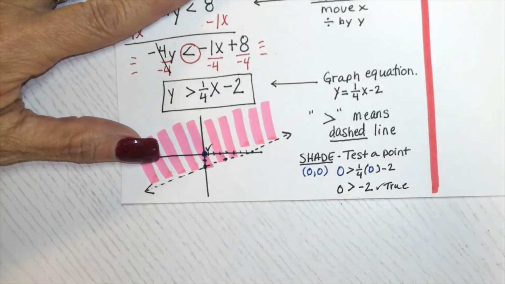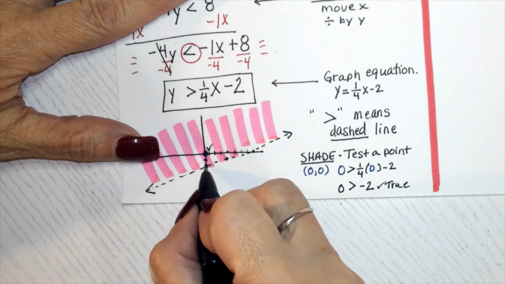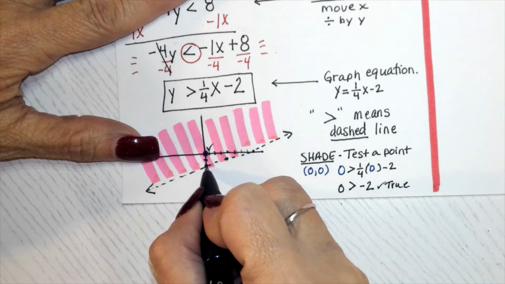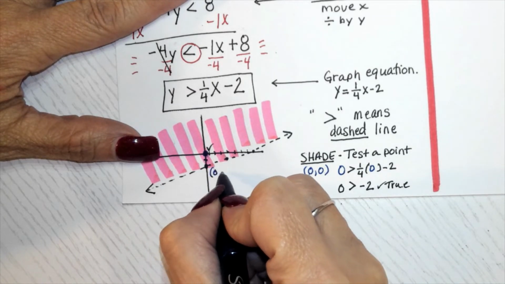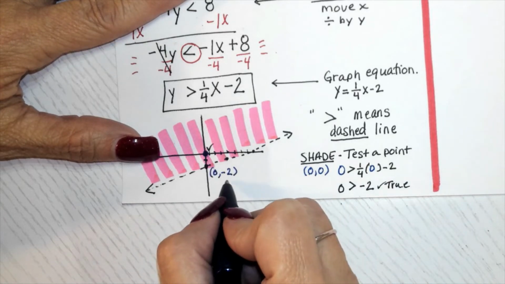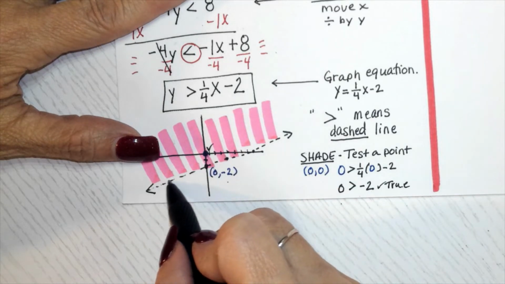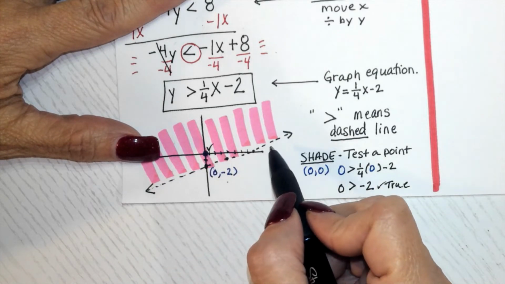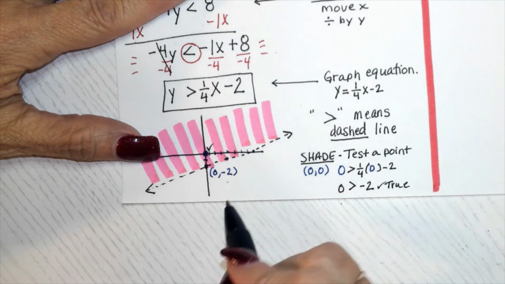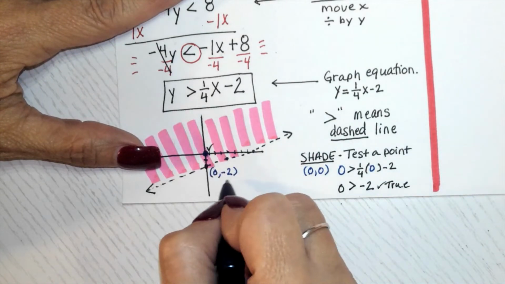Now, something else to kind of just talk about. What if I were to pick this point right here? This point is 0, negative 2. That is the y-intercept. If I were to plug that into the equation, it would be on the dashed line. Would I get a true statement? Now, I'm just going to do that real quick over here. I'm going to say the y is negative 2.